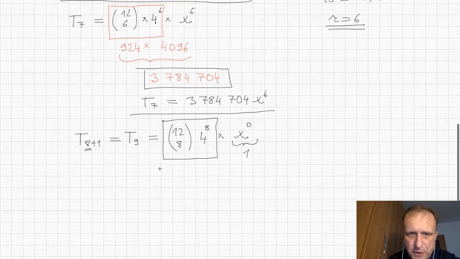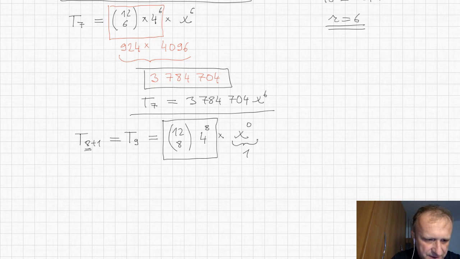So this number is the constant term, and the constant term will have the value, so I can again use my calculator. So 12 choose 8 is the number 495, times 4 to the power of 8, which is the number 65,536.